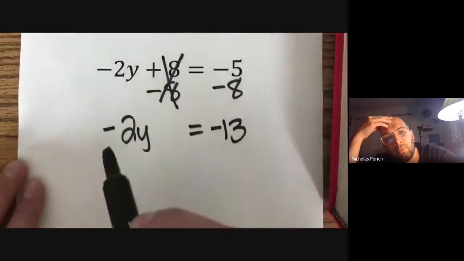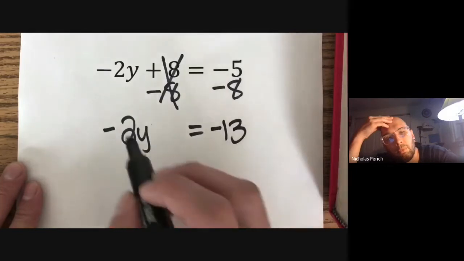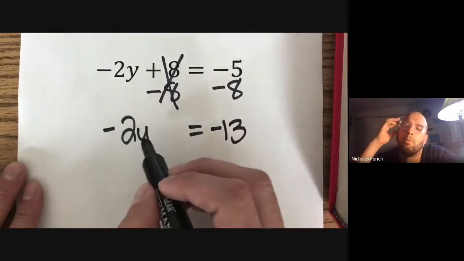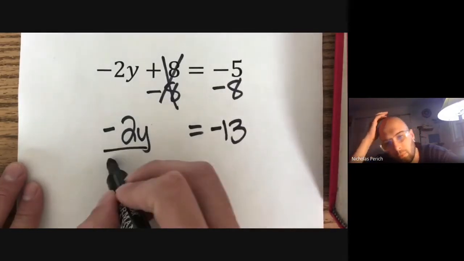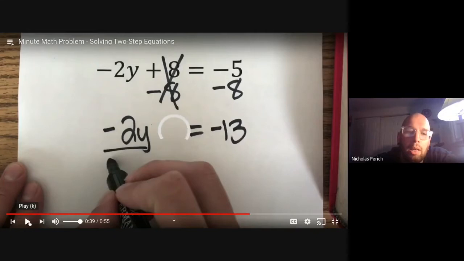Okay, y is still not all by itself yet. You have to do the opposite of what negative 2 is doing to y. Since negative 2 is being multiplied to y, we divide both sides by negative 2, and you'll get negative 13 divided by negative 2, and the answer is 13 over 2.